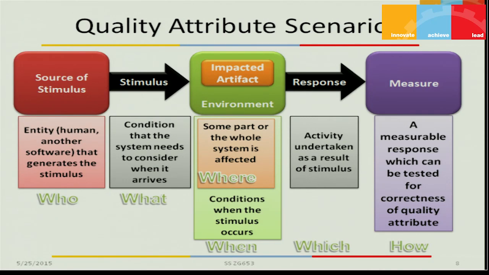The response is that X, Y, and Z should be able to counter this DDoS attack, and the measure could be that the response time of the overall system should not be impacted, or even if it is impacted, it should not fall below a certain threshold. So this particular scenario that I have just described for security can be treated as a requirement, and then as an architect you can capture the requirement in this format, and use architectural tactics to address this particular scenario.